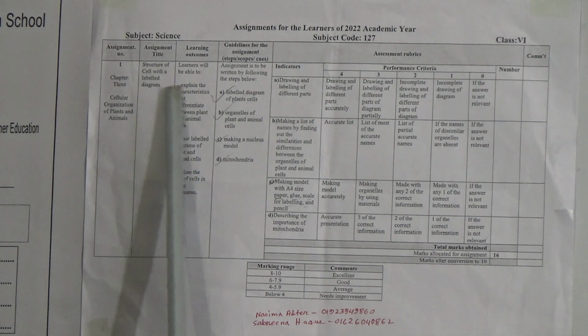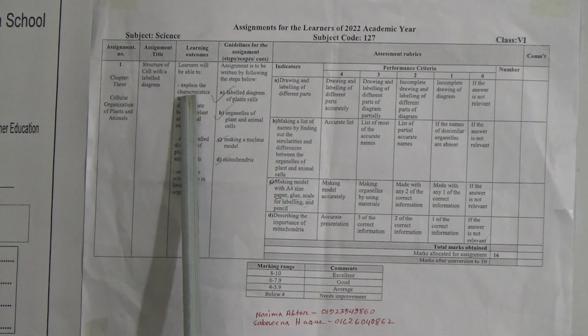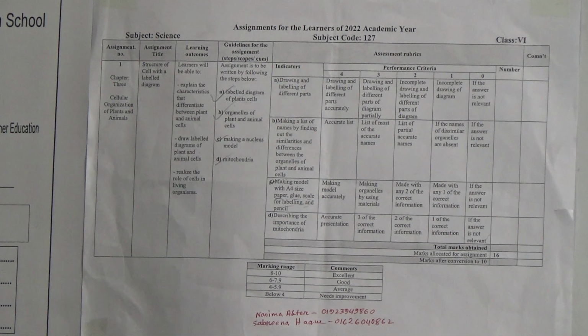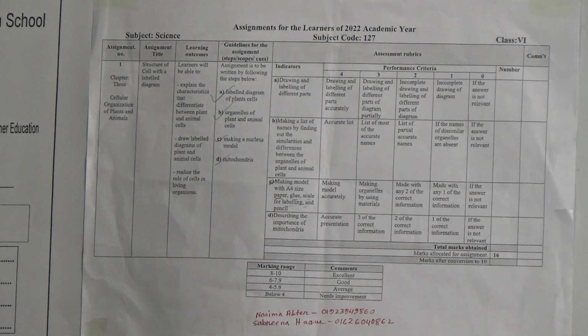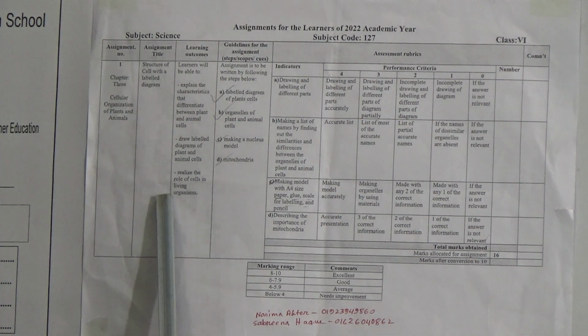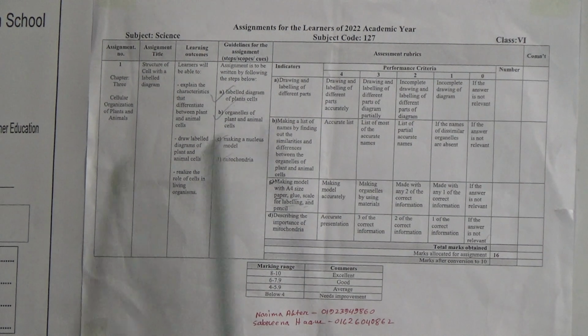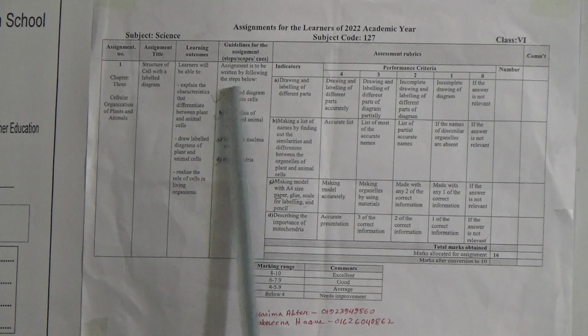And here, learners will be able to explain the characteristics that differentiate between plant and animal cell, draw level diagram of plant and animal cell, and realize the role of cell in living organisms.